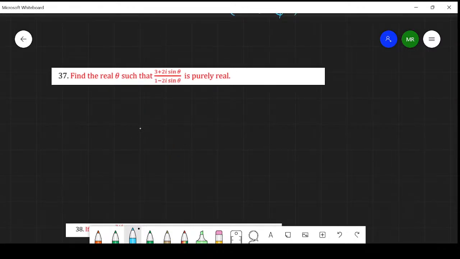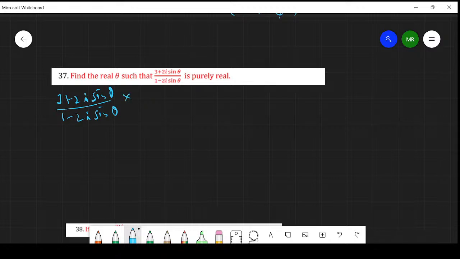Right. Find the real theta such that (3 plus 2i sin theta) by (1 minus 2i sin theta) is purely real. When it is purely real, what is the real theta they are asking? Only the simplification is here. You take (3 plus 2i sin theta) by (1 minus 2i sin theta), this is one of the example problems in the miscellaneous exercise.